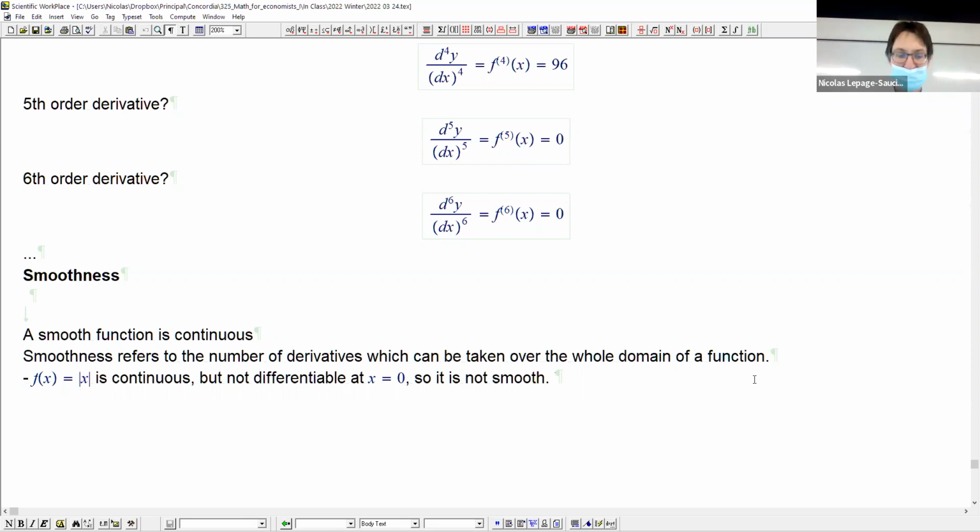So we note it C0. Okay, so that's the notation for smoothness. It's C0. I have a picture of this function. No, I don't have it. Okay.